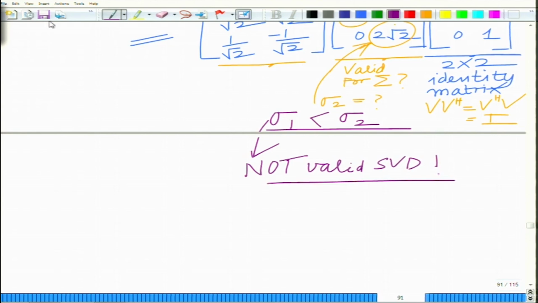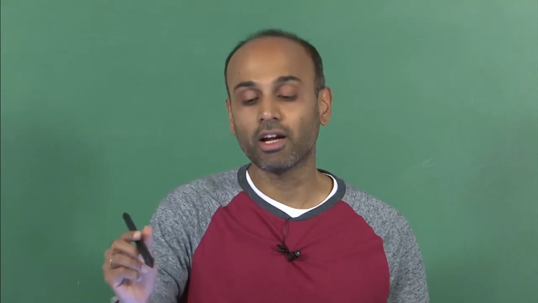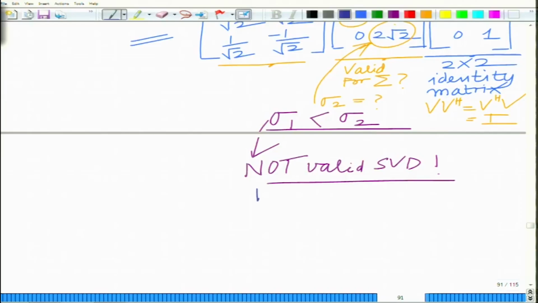Remember, for a singular value decomposition, the singular values have to be ordered in decreasing order, that is, sigma 1 greater than or equal to sigma 2, greater than or equal to sigma 3, and so on.